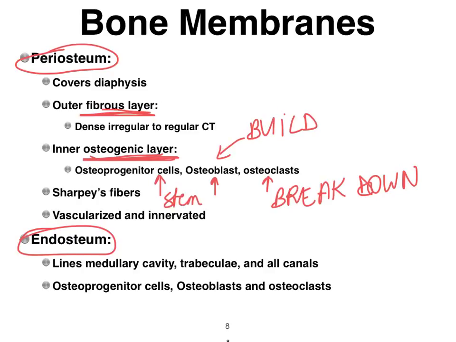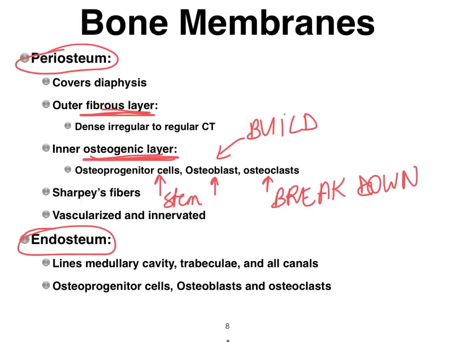And we will look at that again. So if you haven't quite gotten everything I just said about these cells, no worries. We will talk about these cells until you're sick of them. We'll mention Sharpey's fibers in just a little bit. Oh, by the way, why do we refer to that inner layer as the osteogenic layer?